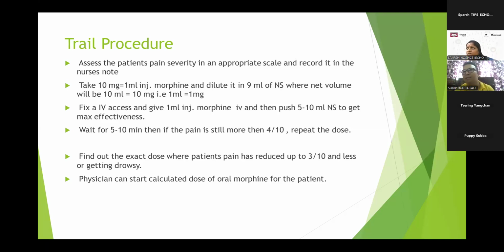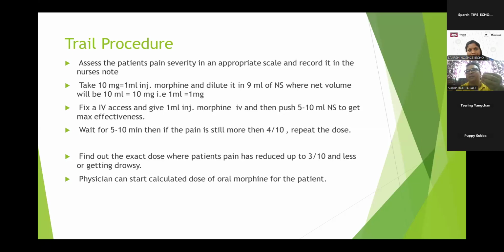At the same time, we will take one more syringe with normal saline. We will give 1 ml at a time, every 5 to 10 minutes interval, and after giving 1 ml of injection morphine we will give a little bit of saline, otherwise the whole injection will not go into the bloodstream.